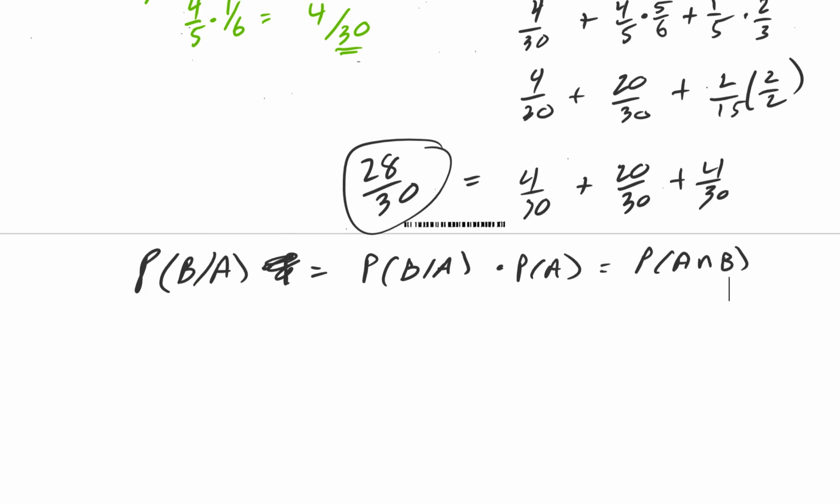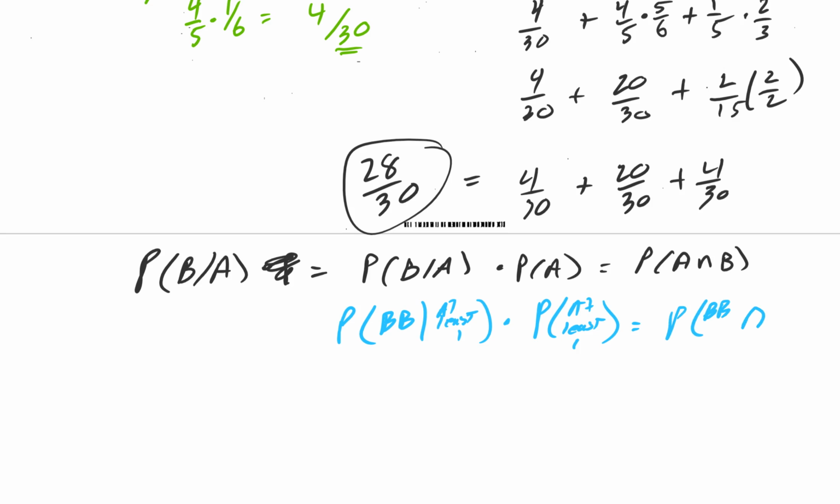So all we gotta do is fill that out. Now, in our case, we're using probability that he wins both, given that he wins at least one, times the probability that he won at least one, equals the probability that he won both games and at least one.